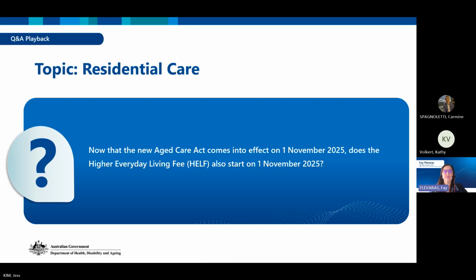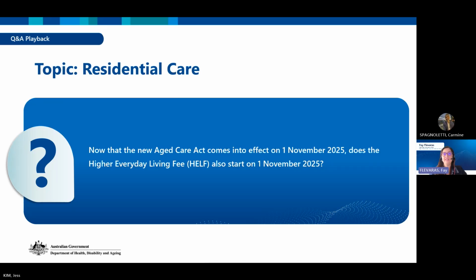So the first question we have is, now that the new Aged Care Act comes into effect on the 1st of November, does the higher everyday living fee also start on the 1st of November? And the answer that we've sourced for you is, from the 1st of November this year, the new optional higher everyday living fee will replace the extra service fee and additional service fee.